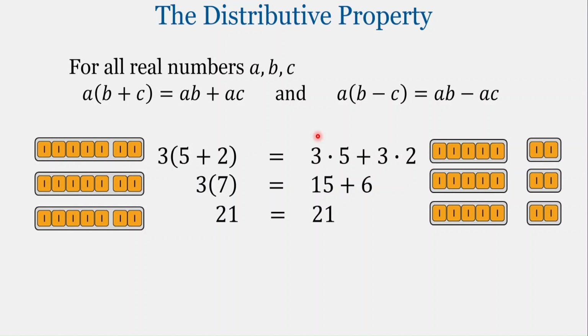Now if we distribute this 3 across both 5 and 2, we now have 3 sets of 5 and 3 sets of 2. And if we add up all those, once again we get 21. So whether we write it as the quantity 5 plus 2 multiplied by 3, or 3 times 5 plus 3 times 2, we end up with the same value.